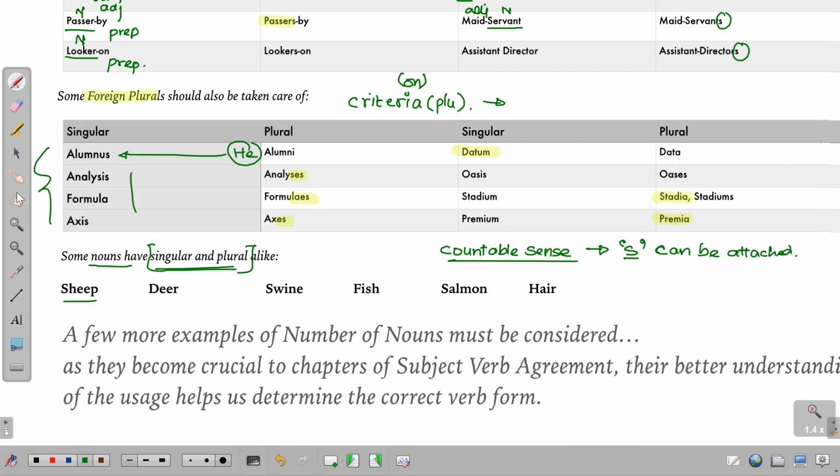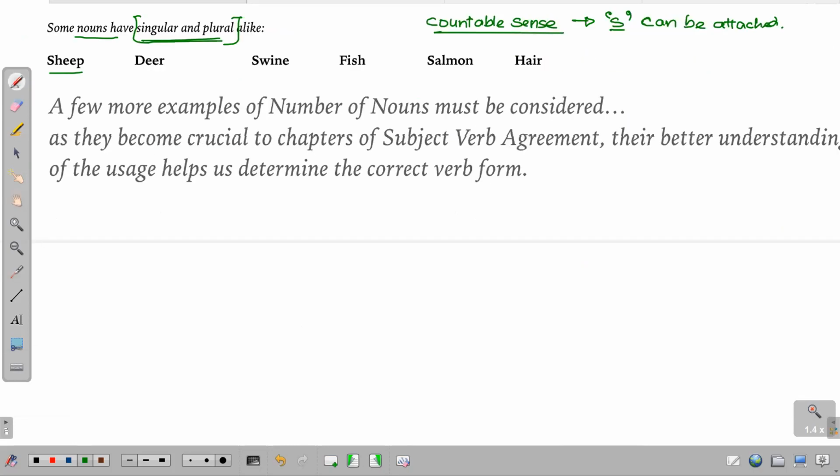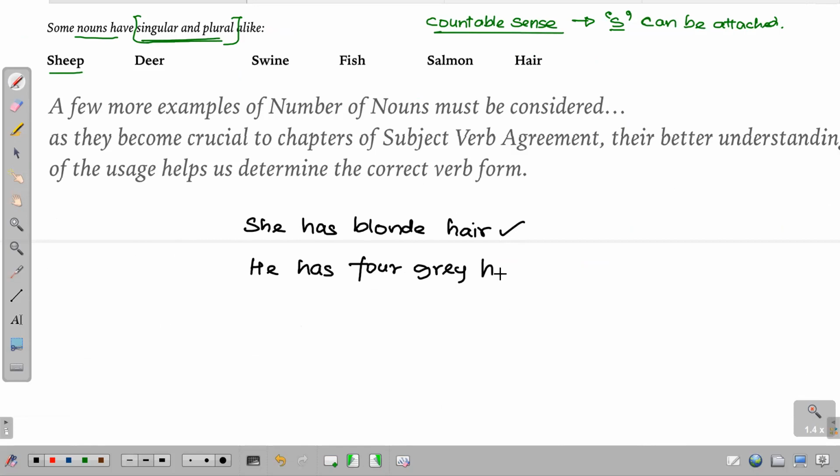I'll give an example. If I say, "She has blonde hair," this is perfect. But if I say, "He has 4 gray hair," this is correct, but even if you say hairs, it is not wrong, and hairs is more preferable because now you're counting it.